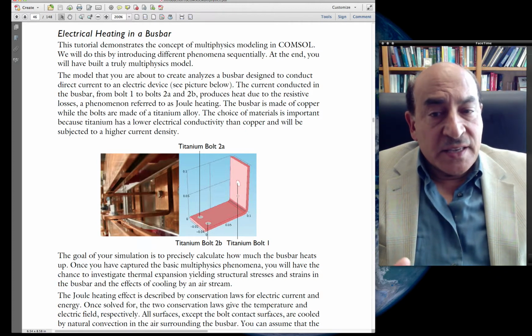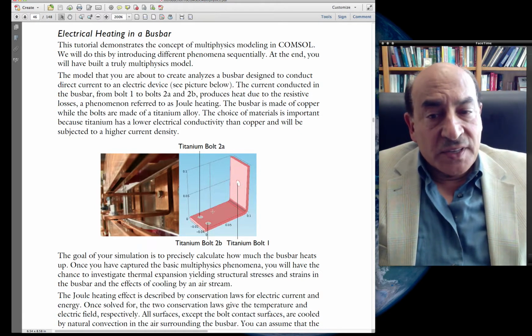However, this is a large body, and the current is going to flow everywhere, so there will be some passages in the bracket, and we need to look at the distribution of the current within the bracket.